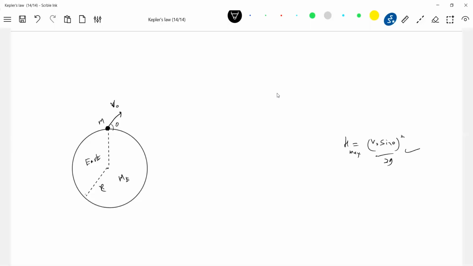First of all, how is the path? The path of this stone will go like this, not the exact shape. And this is that maximum height.